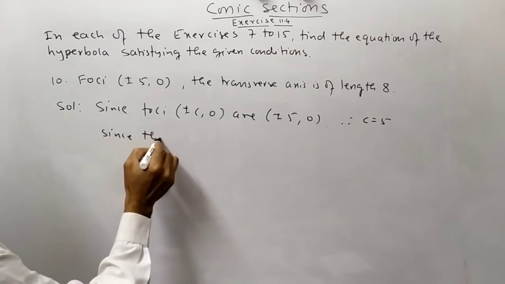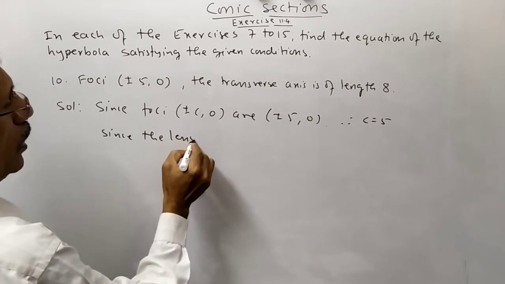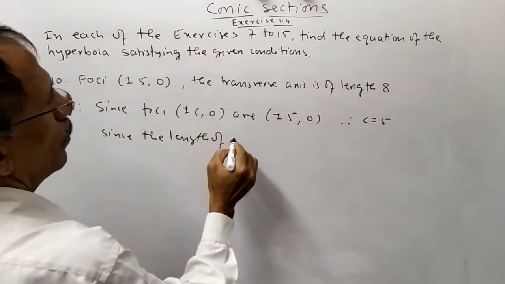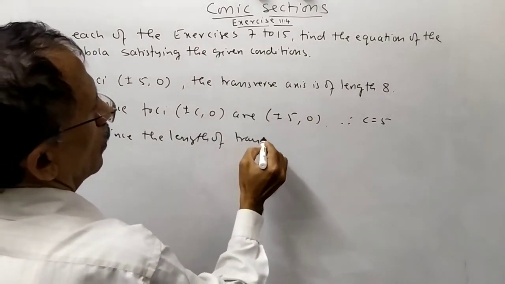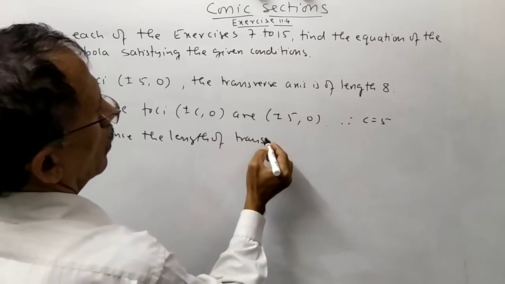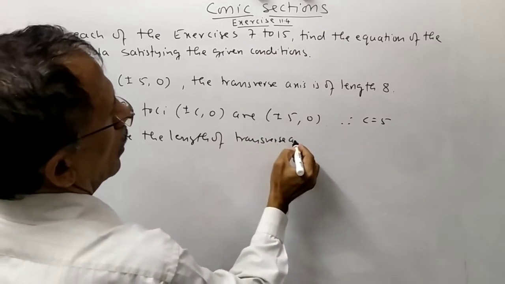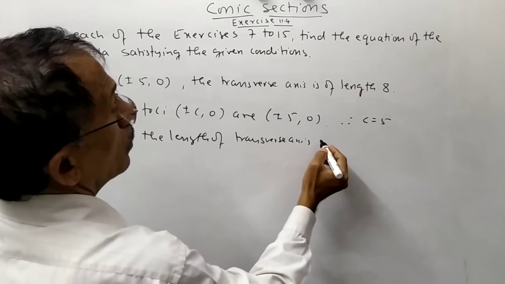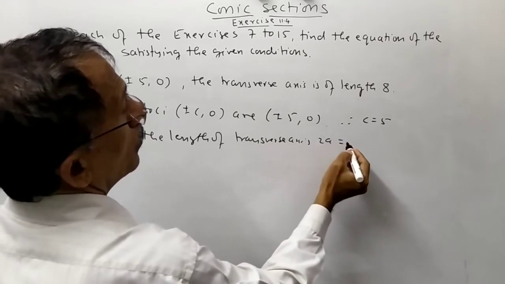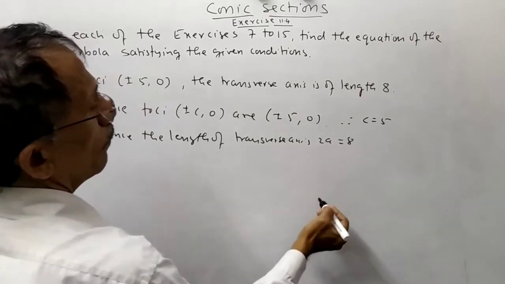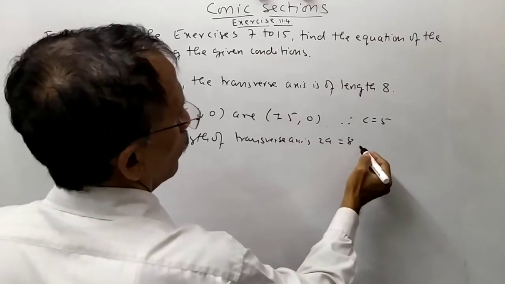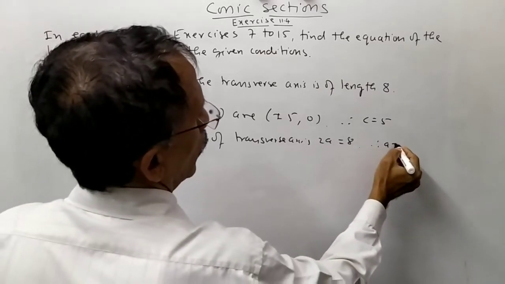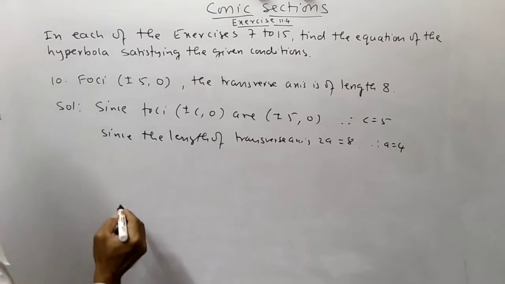Since the length of transverse axis 2a is equal to 8, therefore a is equal to 4.